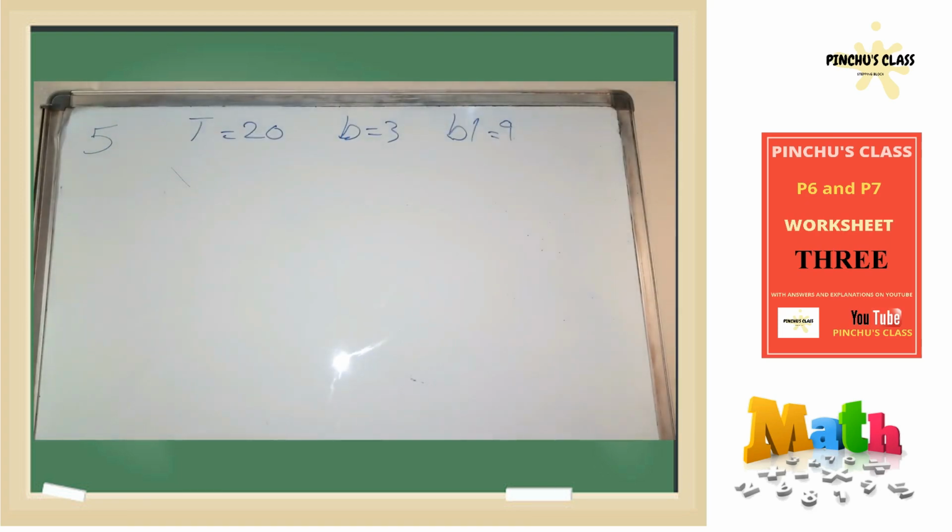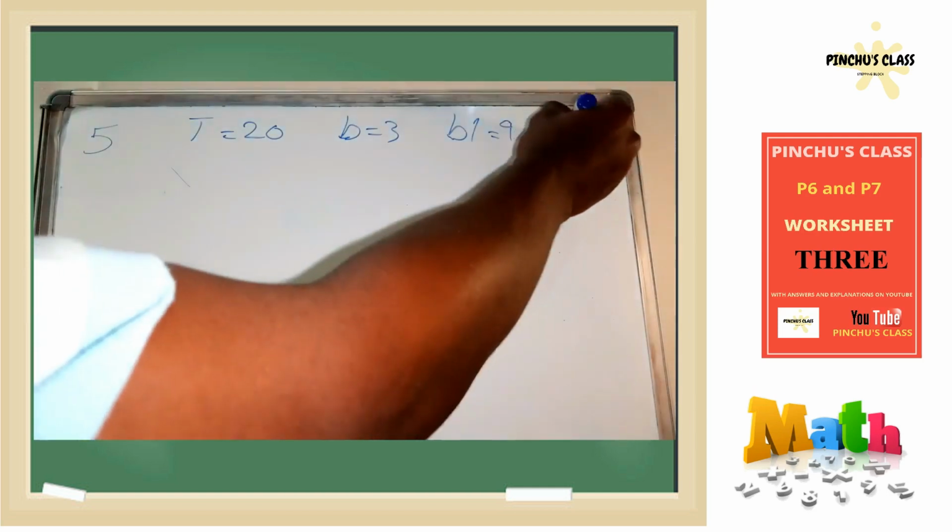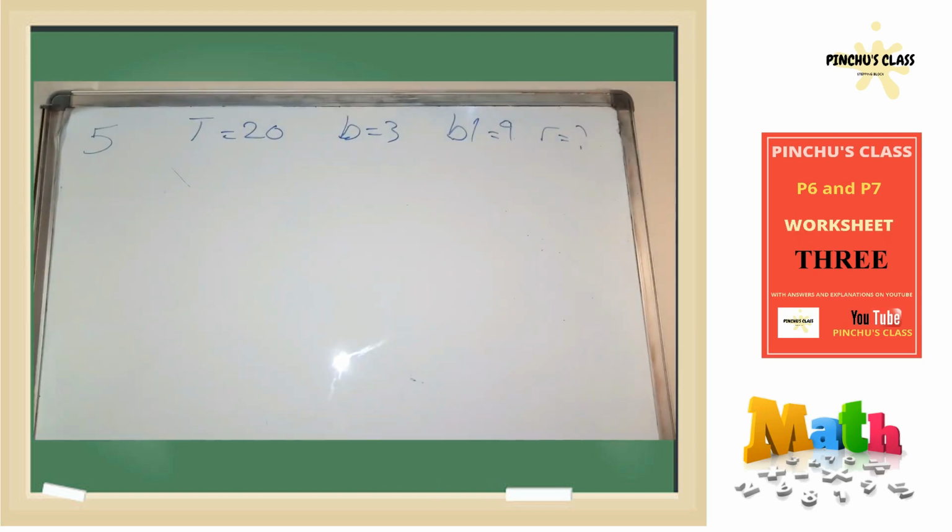And then the rest are red. So for red, we don't know the number of red. So what do we do here? They have told us to find the probability that a pen picked at random is a blue pen. But remember, we don't know the number of red. Anyway, we can still use what we have to find the probability.